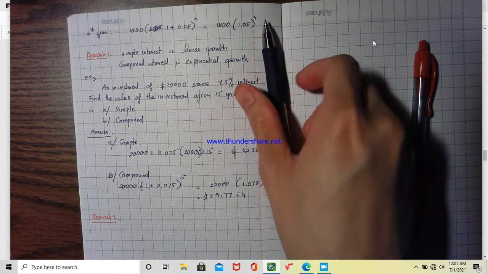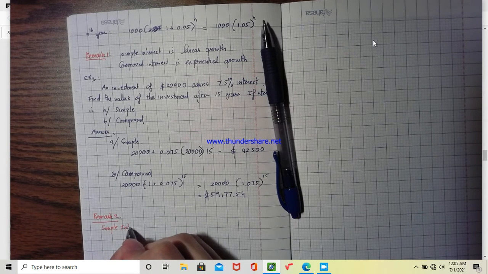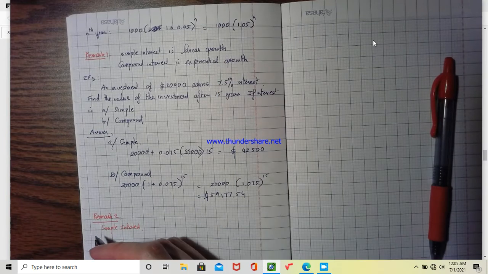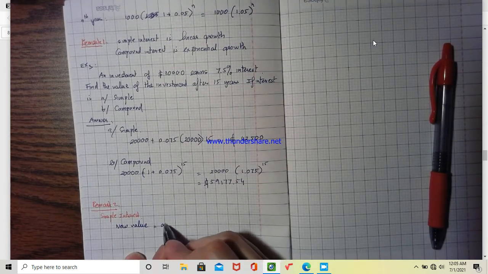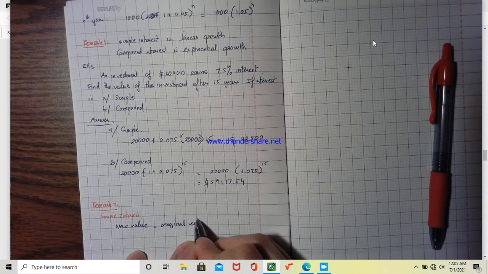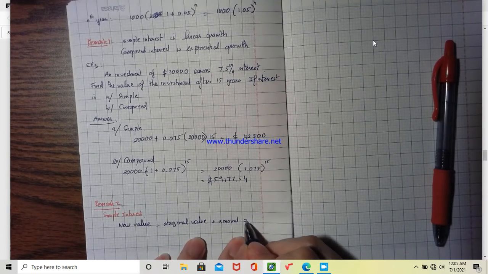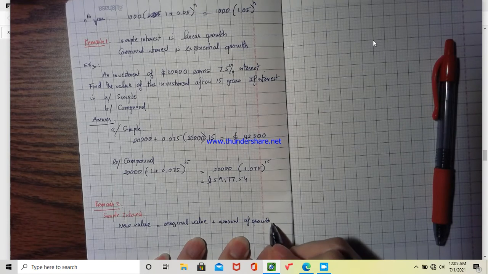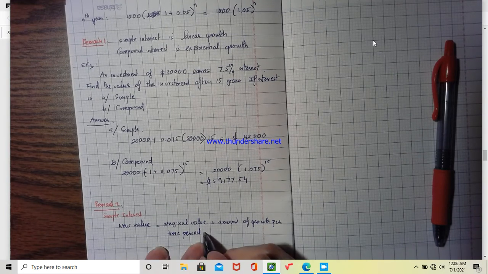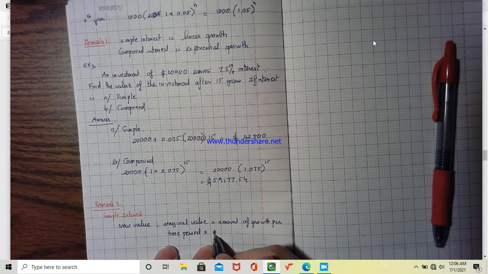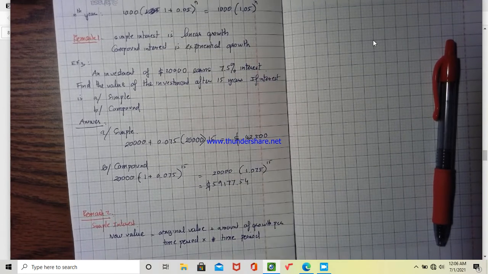First of all, the general formula for simple interest will be: the new value, I mean the new amount of money, will be equal to the original value, the original amount of money, plus the amount of growth per time period multiplied by the number of time periods. So that is the general formula.